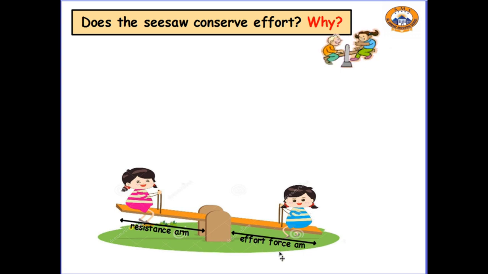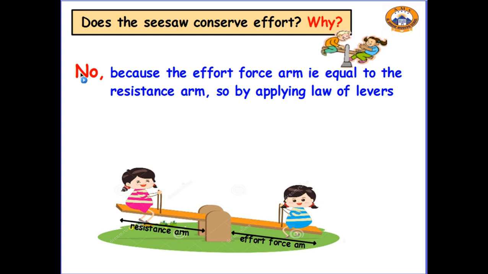Here, the effort force arm is equal to the resistance arm, so the effort force F will be equal to the resistance force R. If the two forces are equal, will the lever save effort? No, we said that the F must be smaller than the resistance for the lever to save effort. So here the seesaw does not save effort because the effort force arm is equal to the resistance arm.